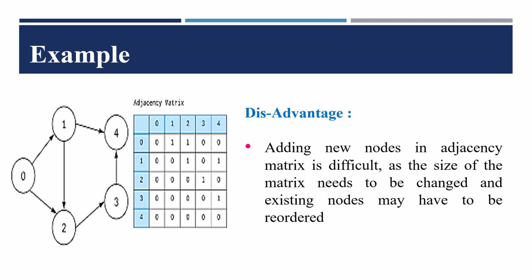Similarly, node 1 connects to node 2 and 4, node 2 connects to node 3, node 3 connects to node 4, and node 4 has no outgoing connections.